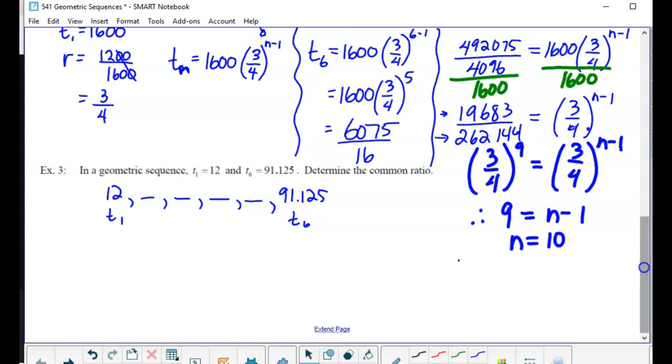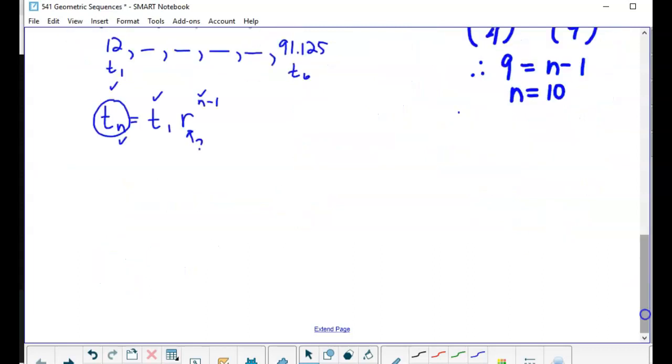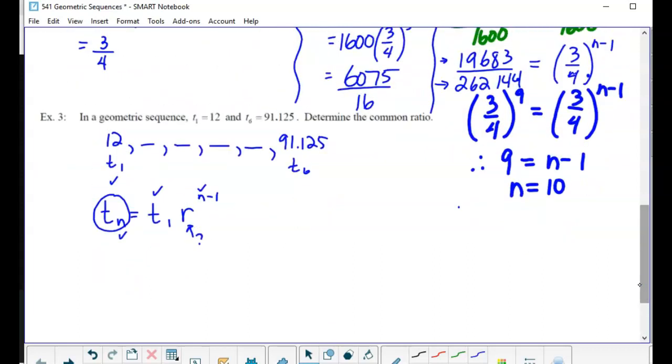So because we know the first term, when you think about our formula for the nth term, in this case, we know the first term, we know n is 6, and we know the value, so we know n and we know the value of it. And so all that we don't know is r. So we can solve for that, as long as there's just one unknown, right?